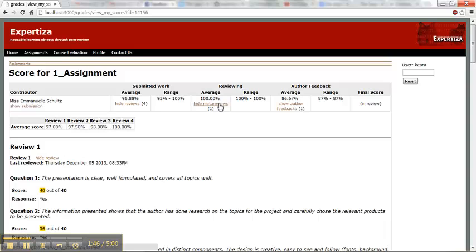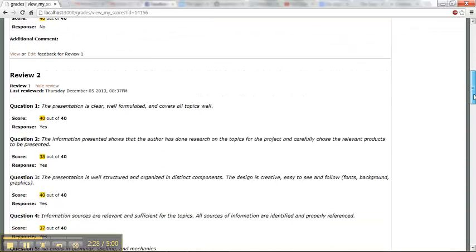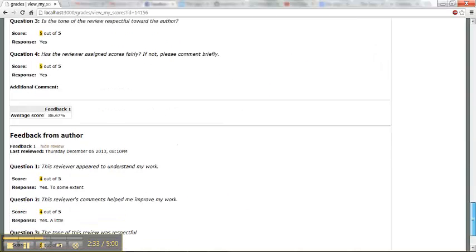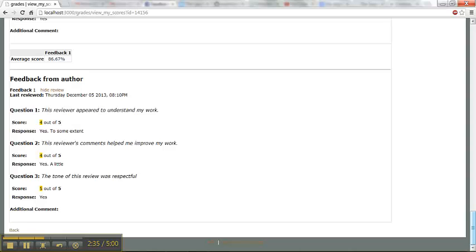Also observe that meta reviews and author feedbacks are also displayed in a similar fashion. Note that there is no correlation between meta reviews and the corresponding reviews, and author feedbacks and its corresponding reviews.